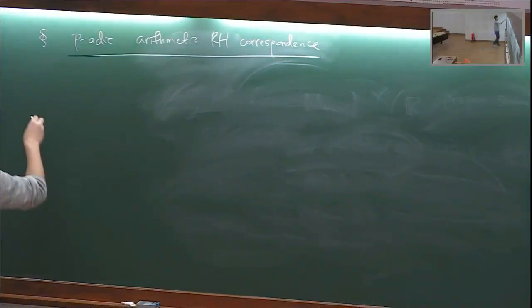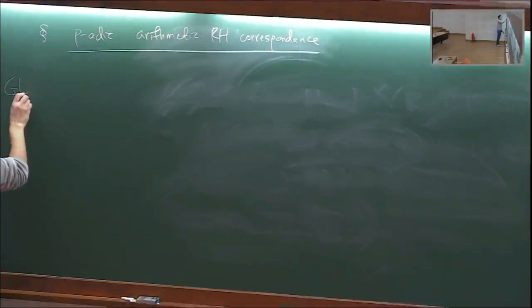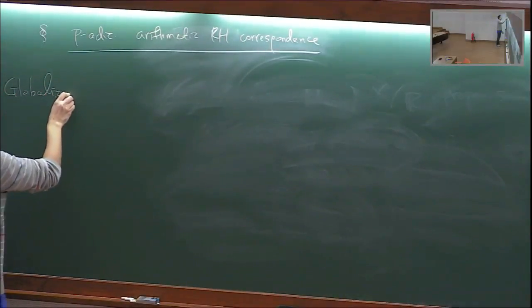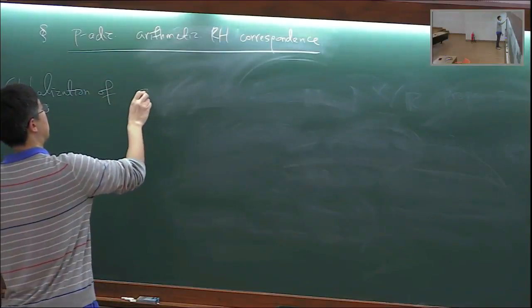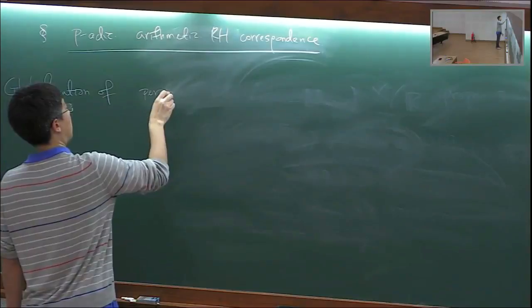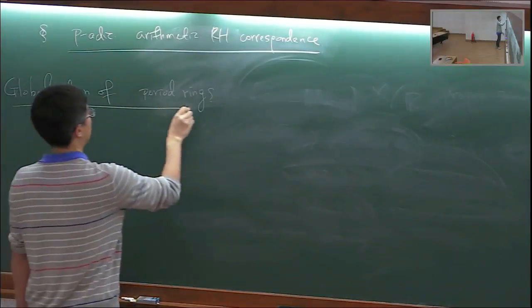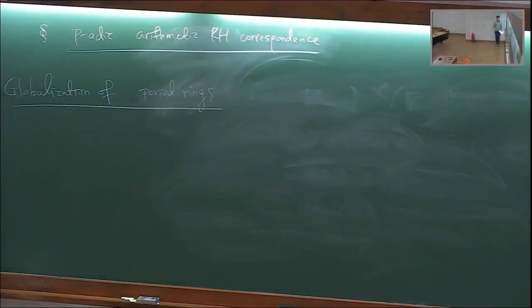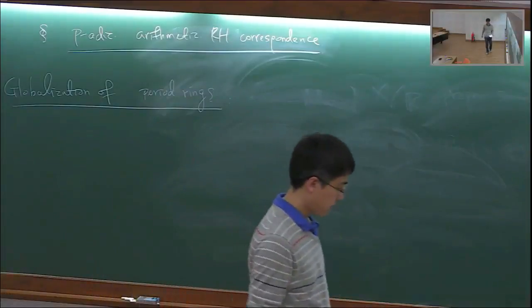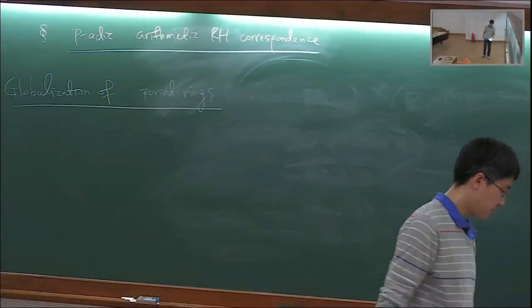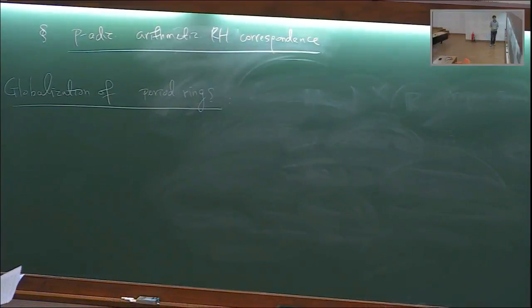To do that, the key tool is the so-called perfectoid spaces and pro-étale site, which was introduced by Scholze a few years ago.